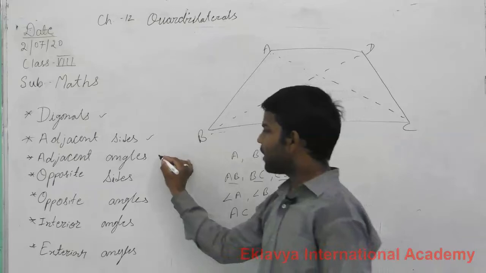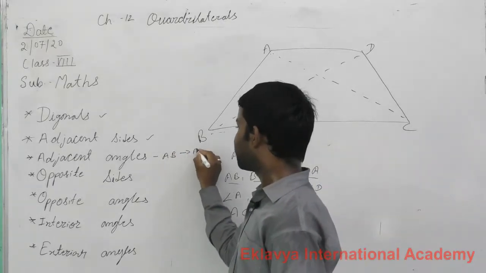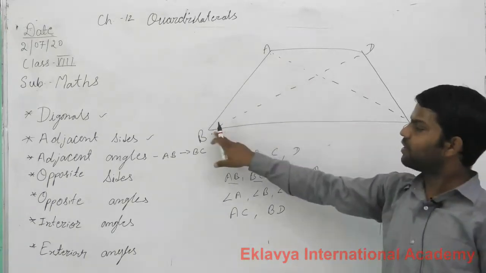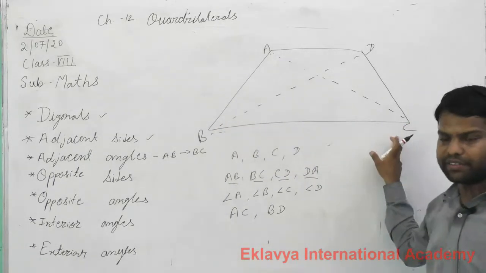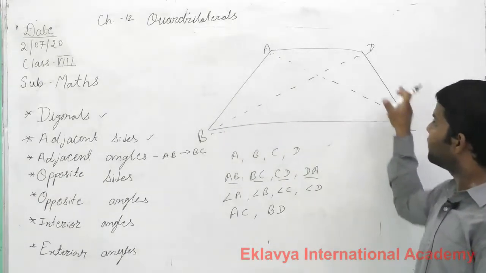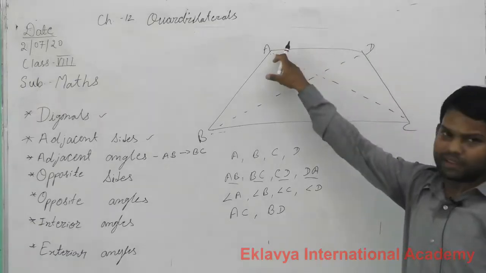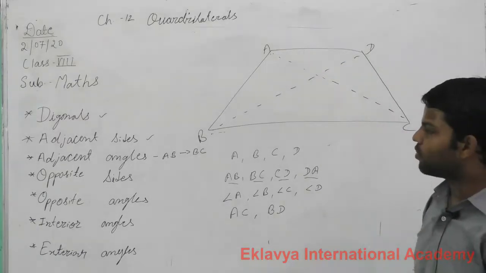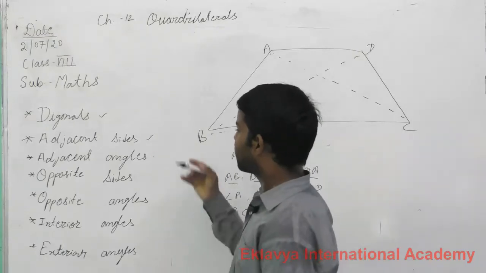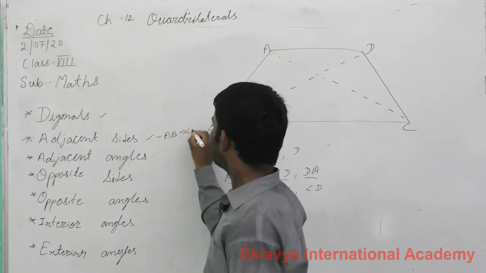So we say AB is the adjacent of BC. Similarly BC is adjacent of DC and DC is adjacent of AD. So adjacent sides are AB and BC.